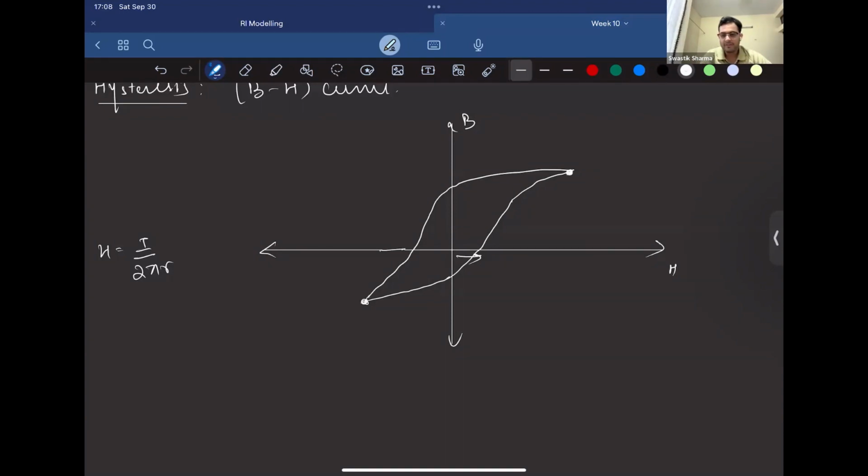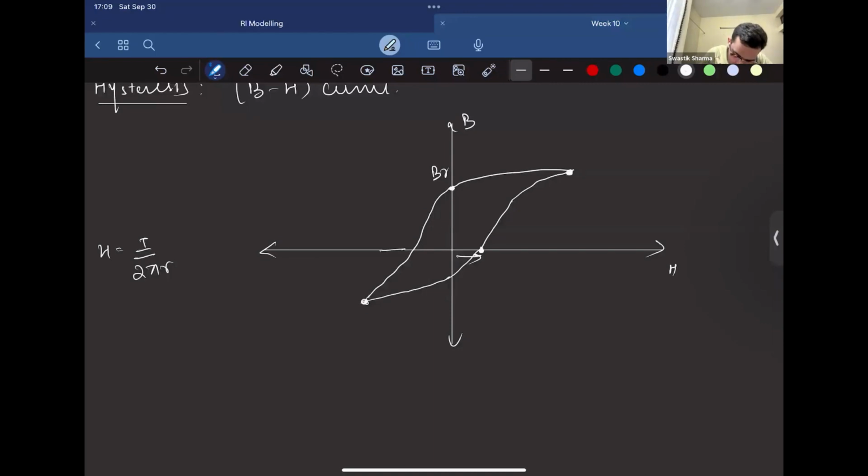So the greater the area, the faster the magnetic flux density will saturate. Now, points where each of these quantities is zero have a very interesting meaning. For example, at H equals zero, there is this Br. This is the remnant flux density, the flux density which remains when we have de-energized our conductor.